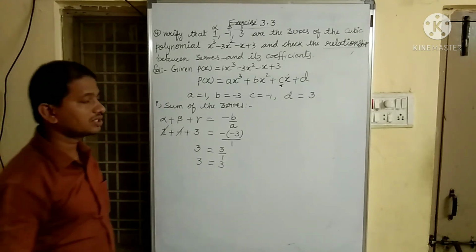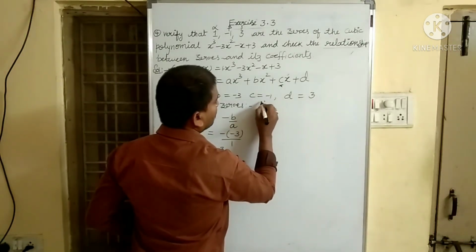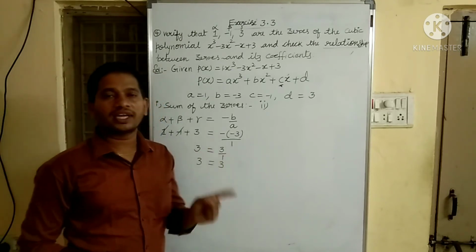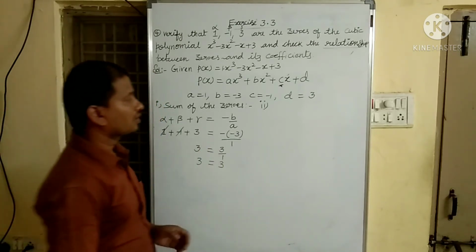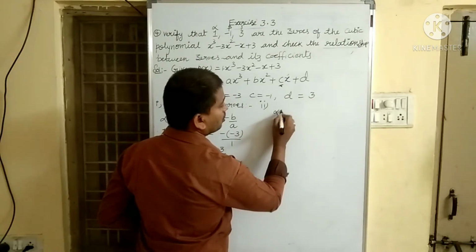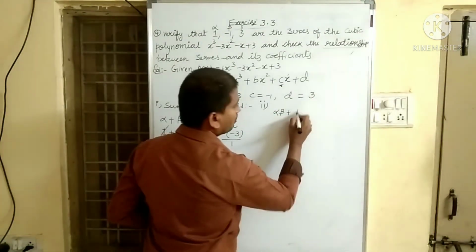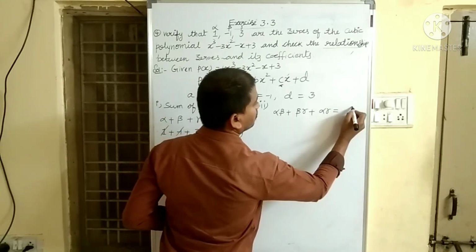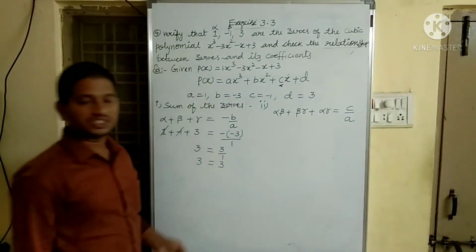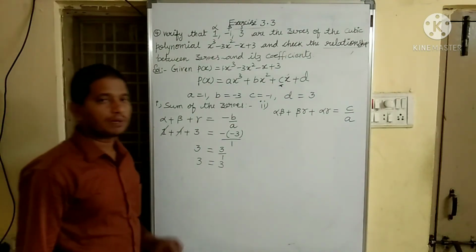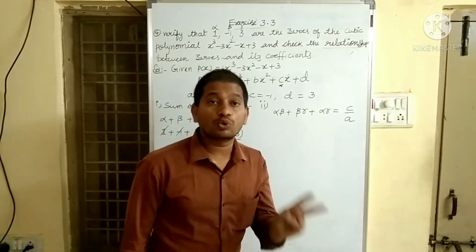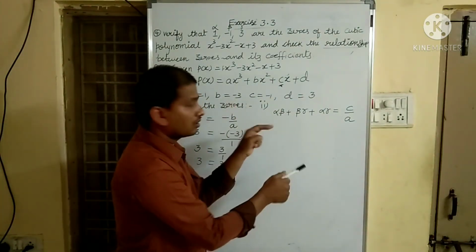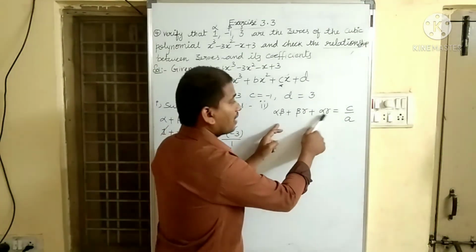Next, the second relationship is the sum of the products of two zeros taken at a time: alpha beta plus beta gamma plus alpha gamma equal to c by a. See here we are taking two zeros, alpha beta, beta gamma, alpha gamma.